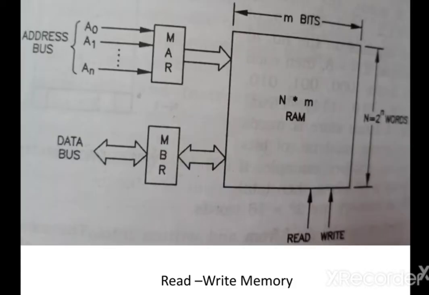Next, this is the structure of read-write memory. This read-write memory contains n words and m bits, and it also has read and write signals. These two signals are used for the read and write mode of memory. It also contains the MAR, the memory address register.